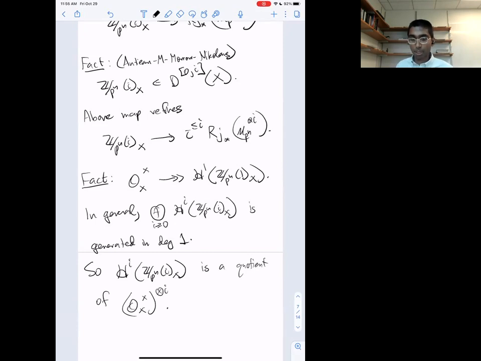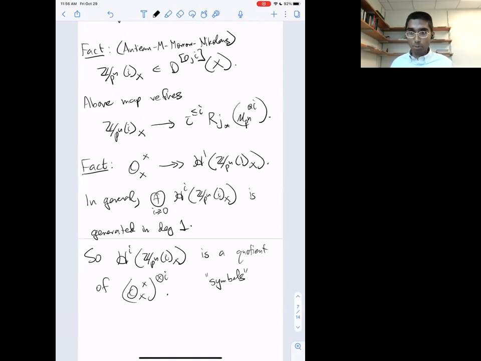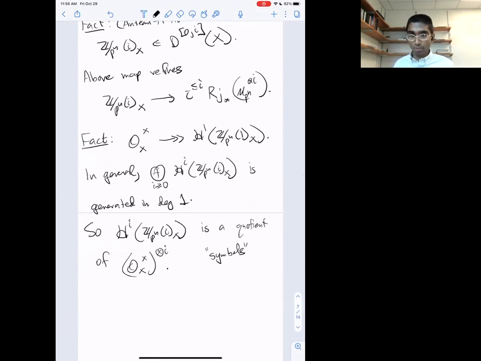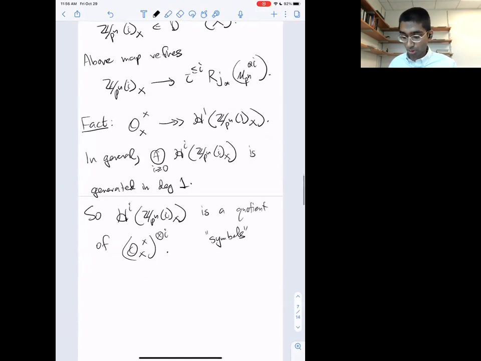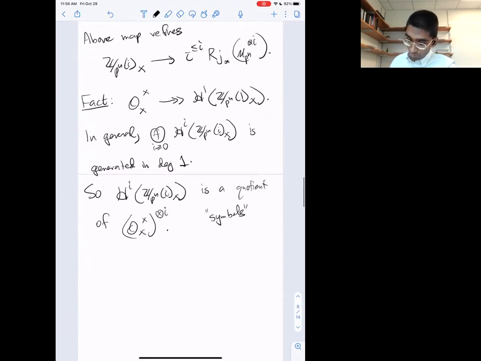And so, yeah, I guess these classes are called symbols. Yeah, and so in fact, you can say a little bit more about these top degree cohomologies. So I refer to work of Luders and Morrow for this, but I would just need this fact here. Okay, so right.